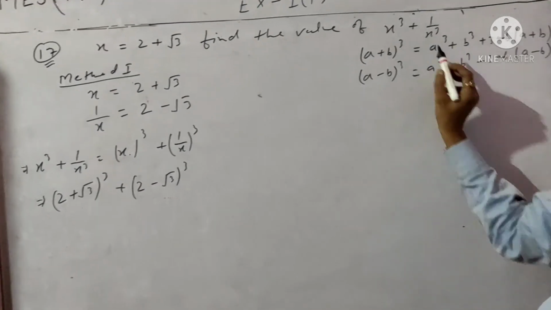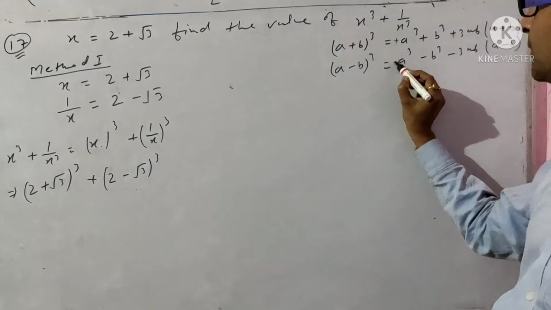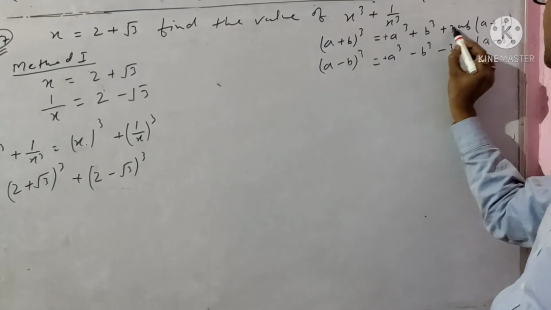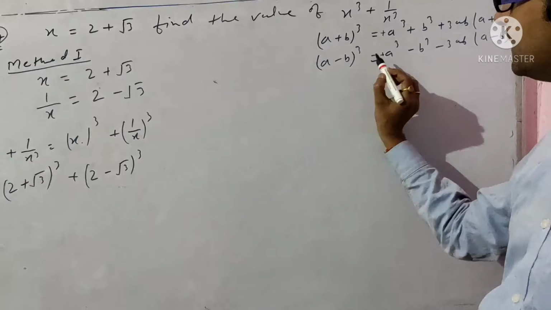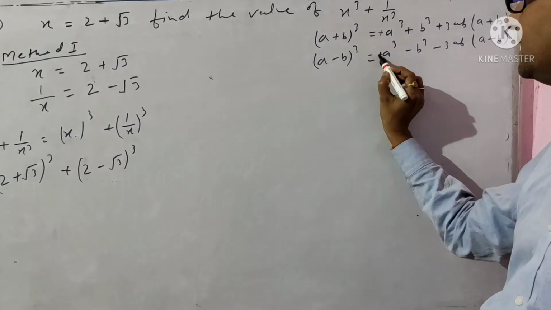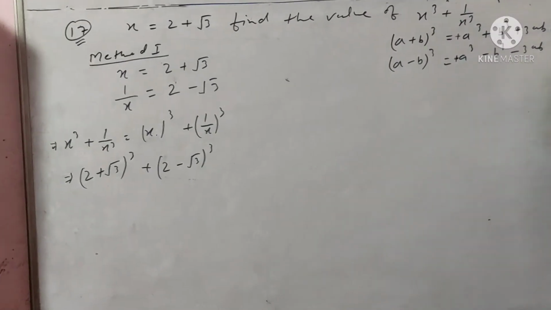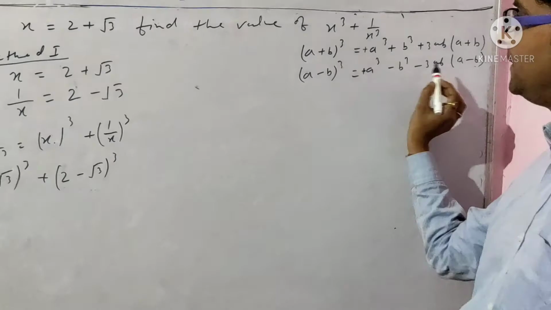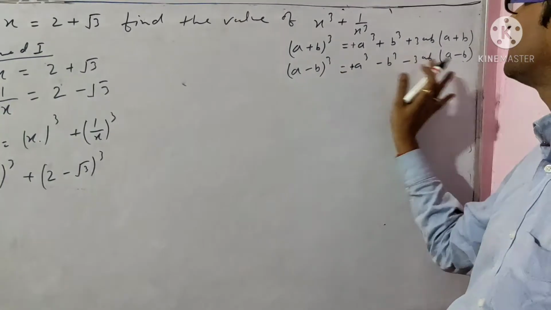Only one difference here student, here in (a plus b) whole cube all signs are positive, and in case of (a minus b) whole cube the first sign is positive and the rest of the signs are negative. Okay, so keep in your mind (a plus b) whole cube and (a minus b) whole cube.